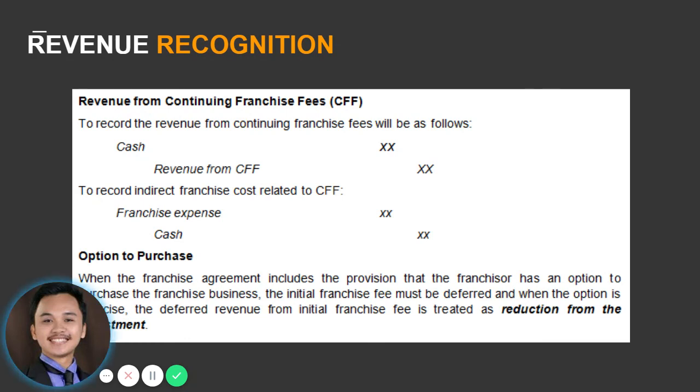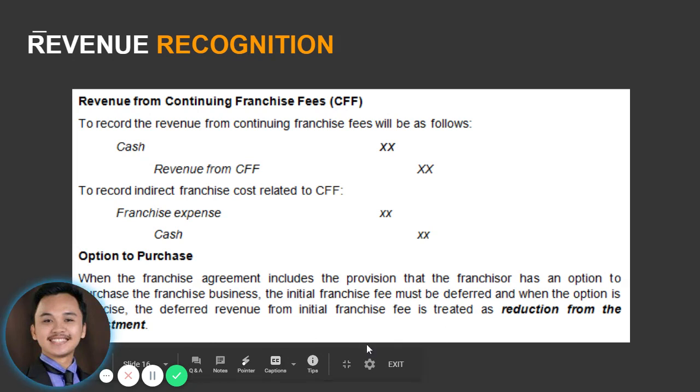So initial franchise fee will be deferred in its entirety. And then when the option is exercised and the franchisor acquires the franchise business, the deferred revenue from the initial franchise is treated as a reduction from the franchisor's investment. So it will be deducted from the franchisor's investment.